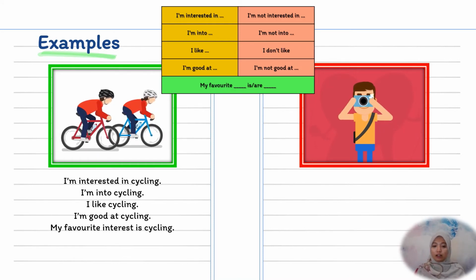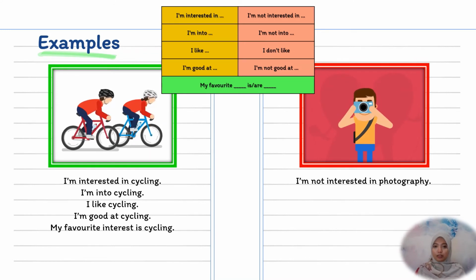Is or are refer to the subject. Mine tu maksudnya saya seorang, so is. Okay, and these are sentences that we can use for us to mention that we don't like or convey to people that you don't like this interest.